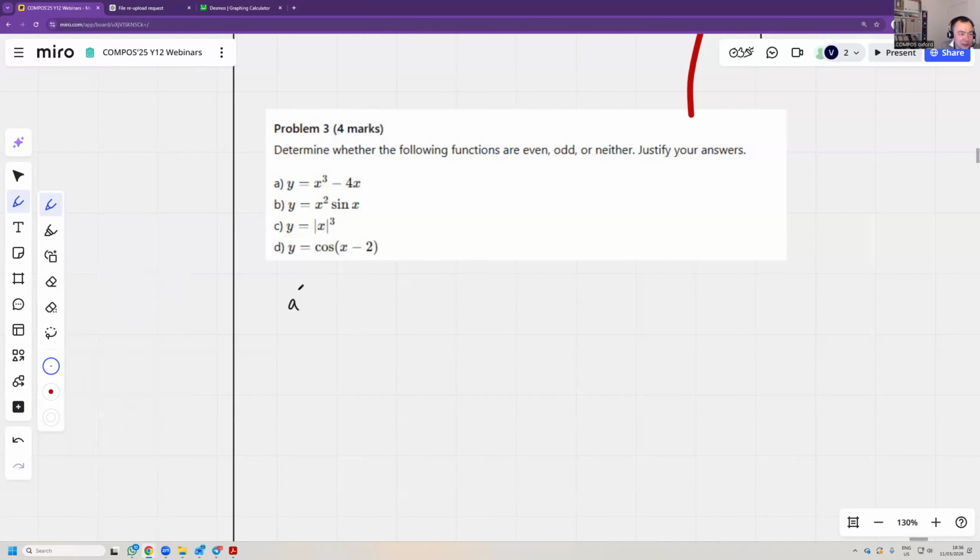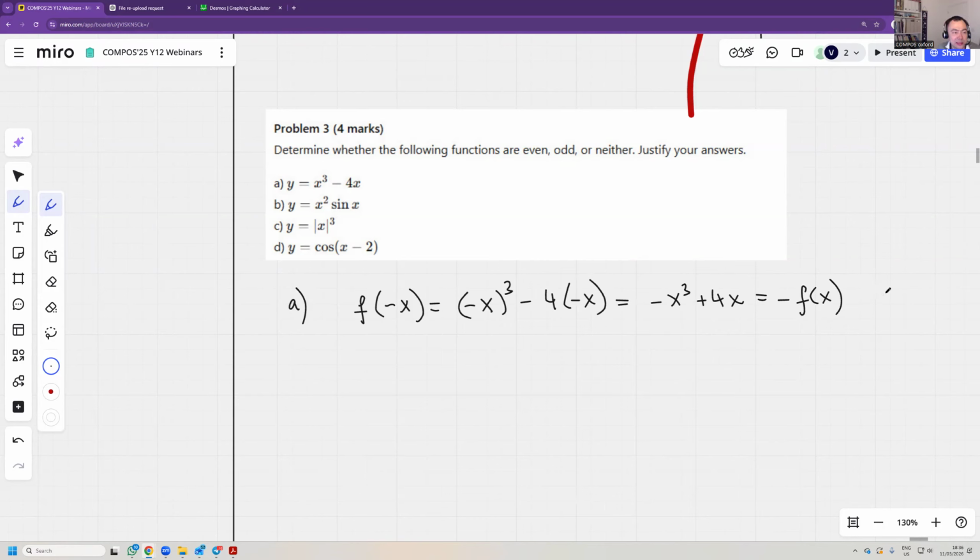So very straightforward. So f, what you need to do is find f of minus x, and this is minus x cubed minus 4 times minus x, and that's equal to minus x cubed plus 4x, which is the same as minus f of x, and that means it is odd.